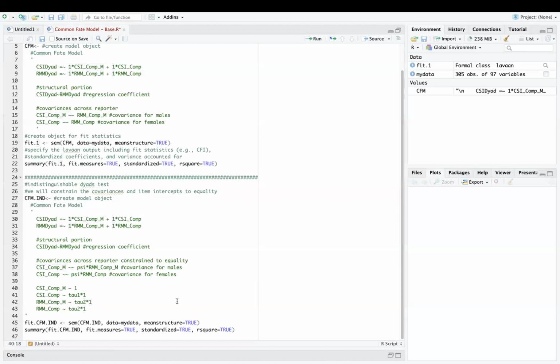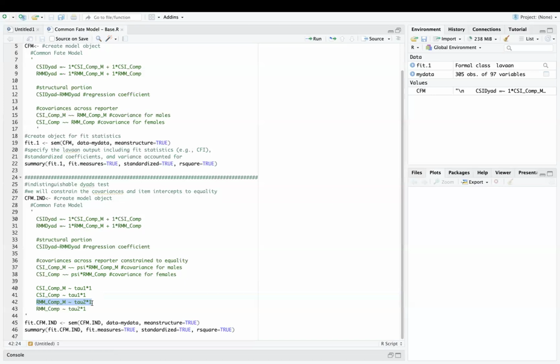But we do not want to do that. We want to keep that label in there and be very careful that you constrain the intercepts across the dyad members to be equal, but only within a single latent construct, within a single common fate latent variable. So we don't want to constrain the mean of relationship mindfulness for males to be the same as relationship quality for males, because they're two different variables measured on two different scales.